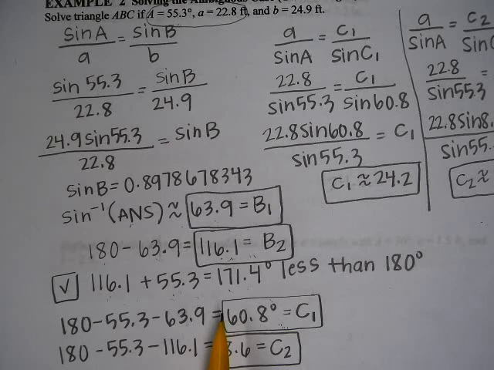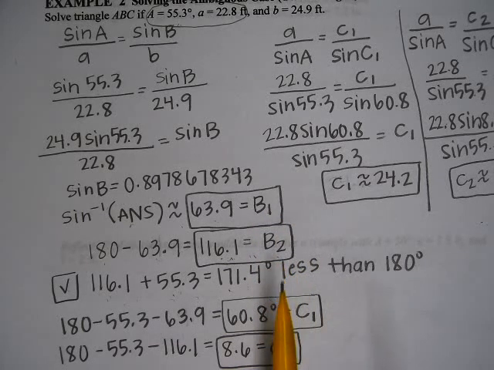Is everybody with me on that? Okay. All right, but since we added 116.1 plus 55.3 and got 171.4, and that's less than 180, that checks, and we know that we have 2 triangles, okay? So we have a B1 and we have a B2.